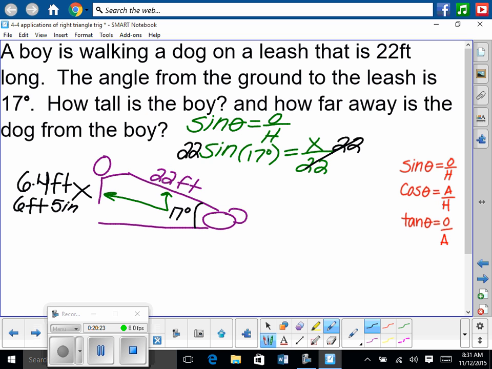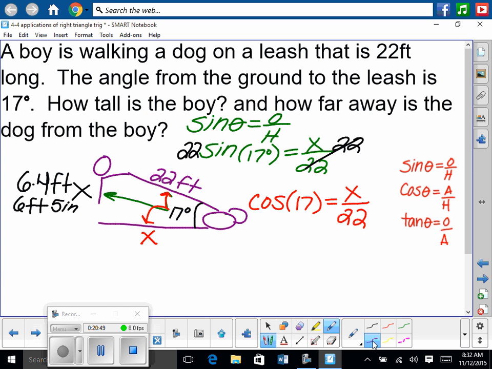Okay, so now it says, how far away is the dog from the boy? Wouldn't that be x right here? So now let's set up a different trig ratio. We have the adjacent and the hypotenuse, which is cosine, right? So we'll be doing cosine of 17 is equal to the adjacent, which is x, over the hypotenuse, which is 22.